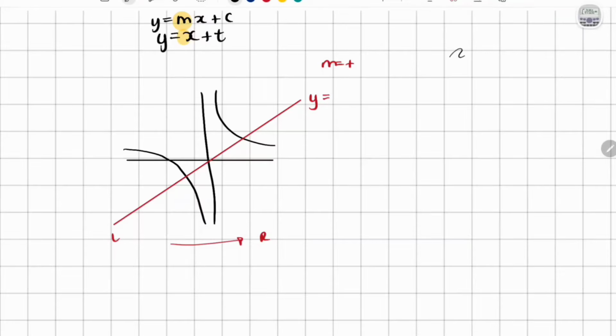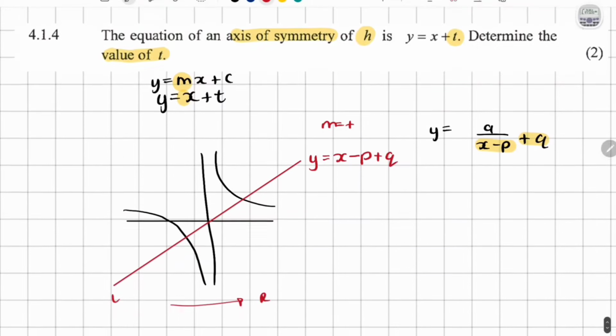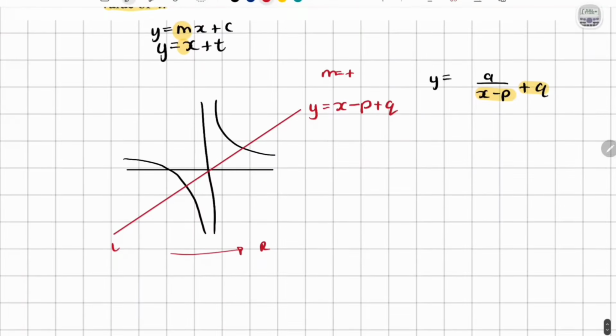The general equation of hyperbola is y is equal to a over x minus p plus q. All you have to just say is, oh, x minus p plus q. That's all. So the equation of that straight line, that axis of symmetry with a positive gradient, is y is equal to x minus p plus q. That's all.